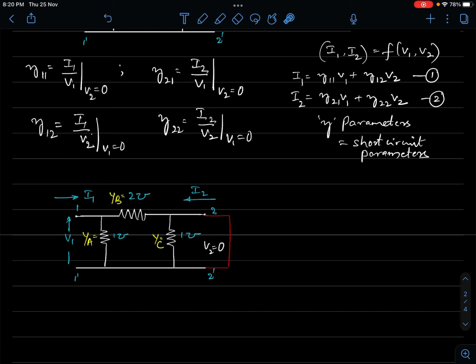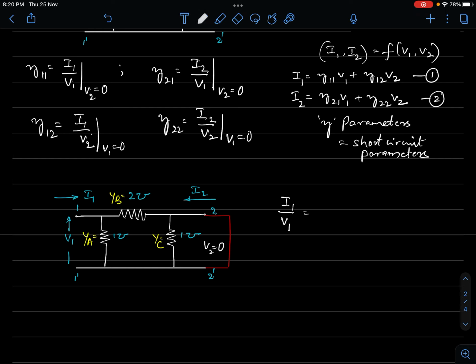Now if I want to determine the ratio of I1 to V1, what is it I get? That ratio is the sum of the admittances, right? So YA and YB, they are appearing in parallel, right?